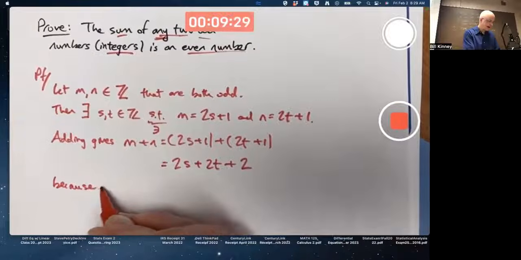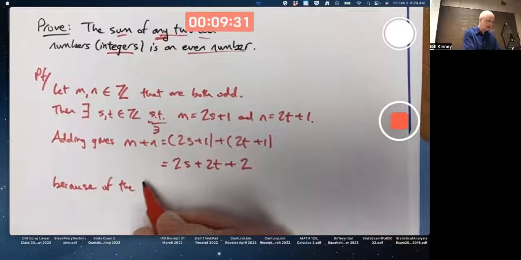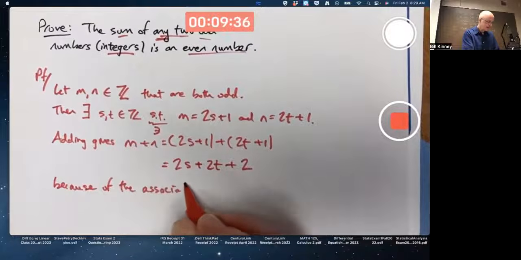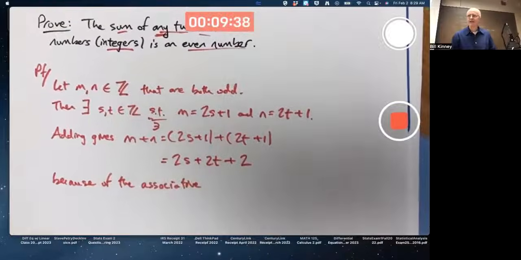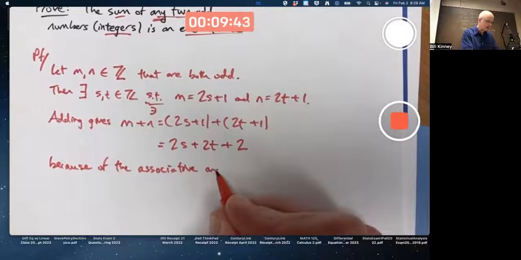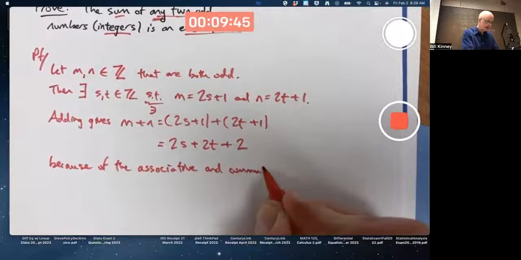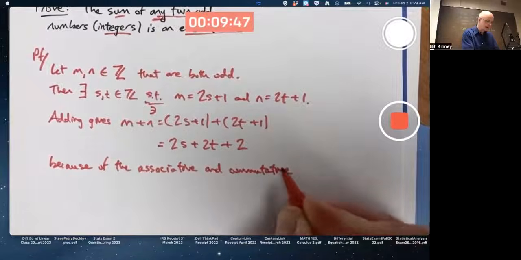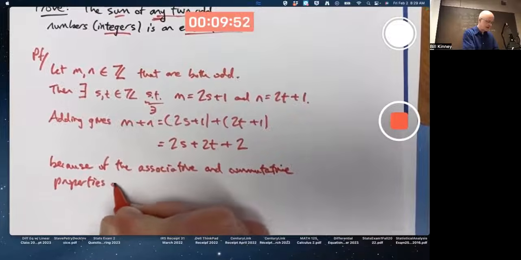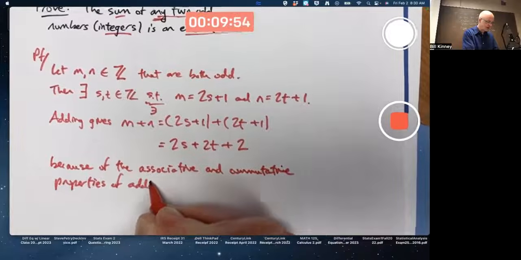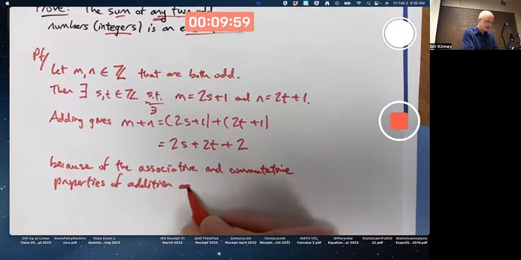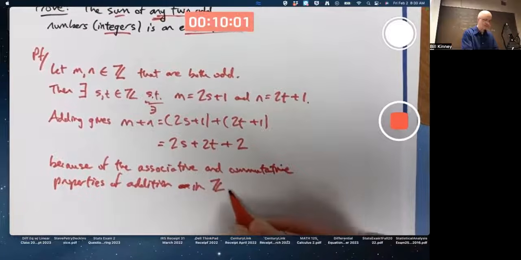I'm going to say because of the associative and commutative properties of addition in the integers, or on the integers. I'll say in. Sometimes it's unclear whether you should say on or in.